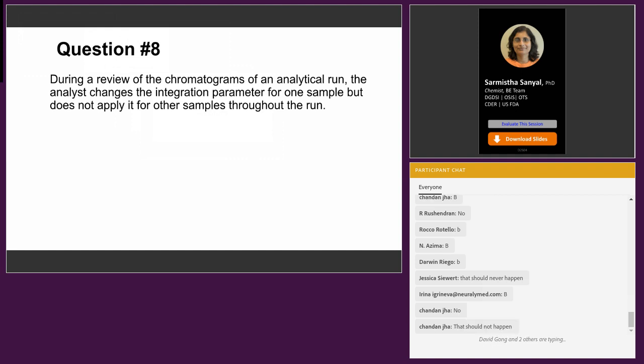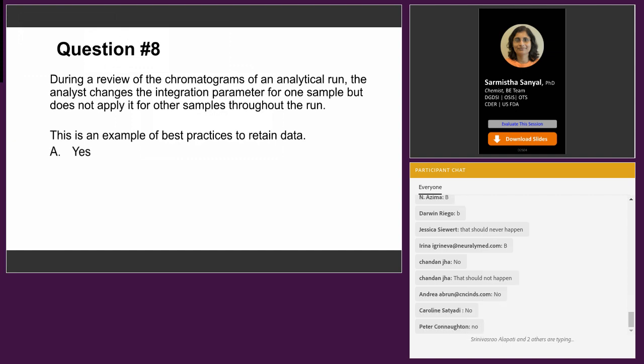During a review of the chromatograms of an analytical run, the analyst changes the integration parameter for one sample but does not apply it for other samples throughout the run. The question is, is this an example of best practices to retain study data?